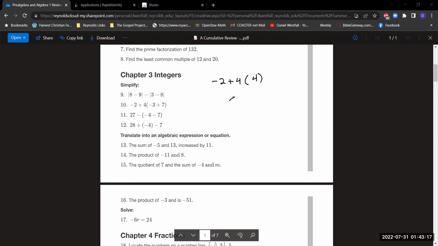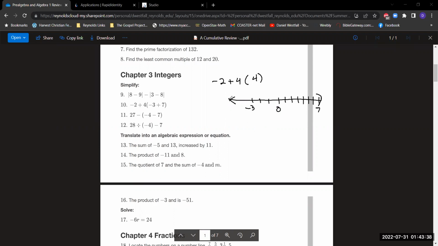Let me show you that on a number line so you can see what I'm saying. Here's 0. Here's -3. Here's +7, right? Here's -3. Here's +7 over here.